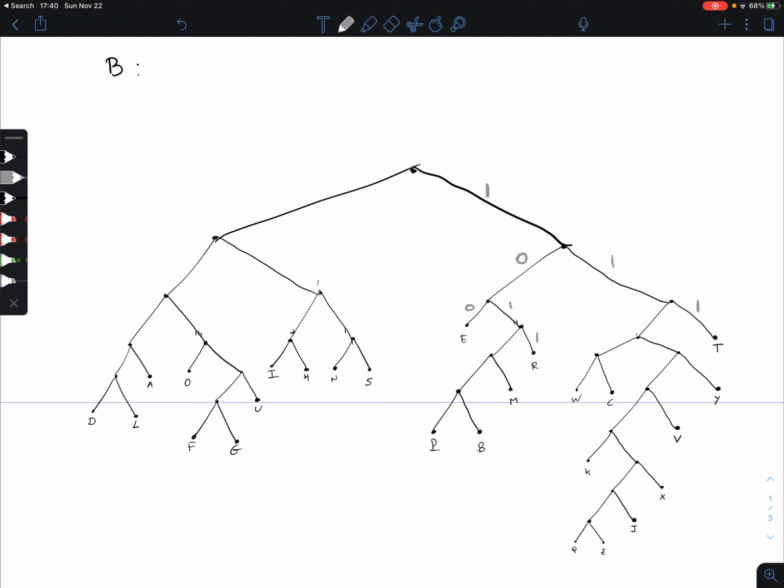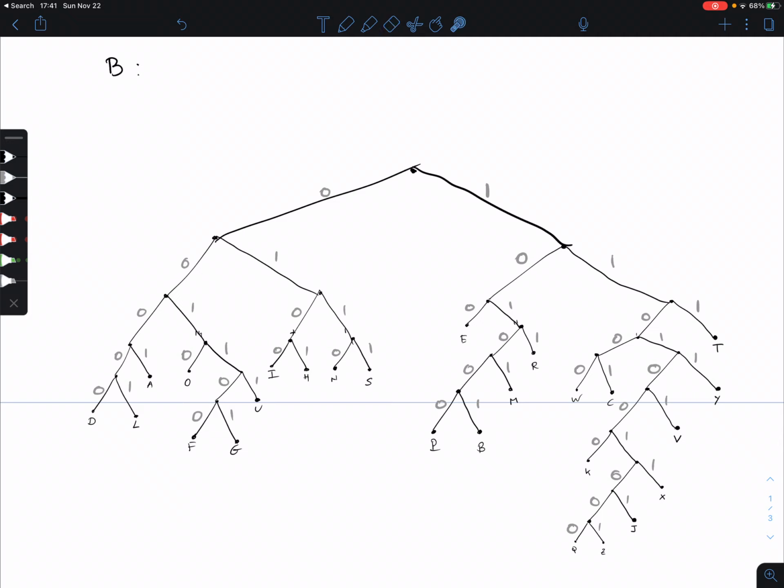So let's mark each edge with its direction, because that's how we're going to call our paths. I think this is a little bit confusing here, so this one should go. I think I marked everything.